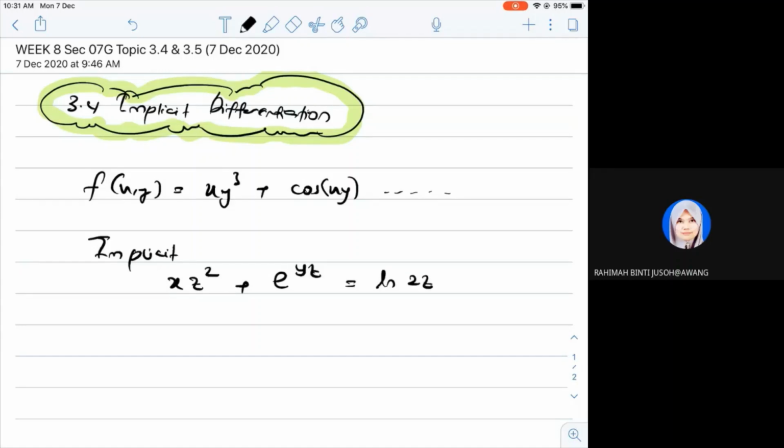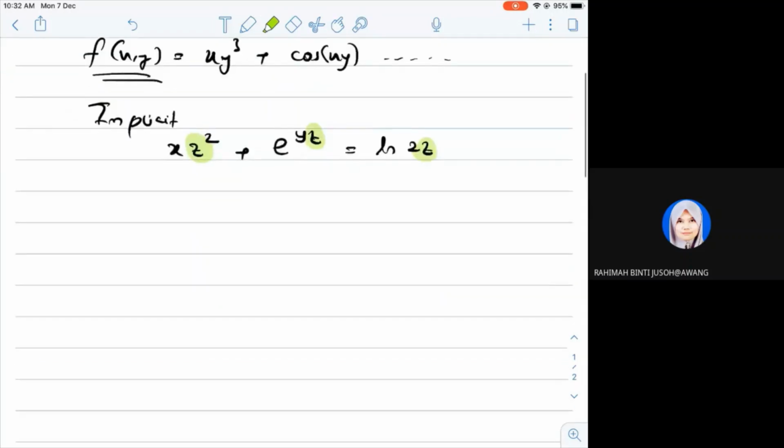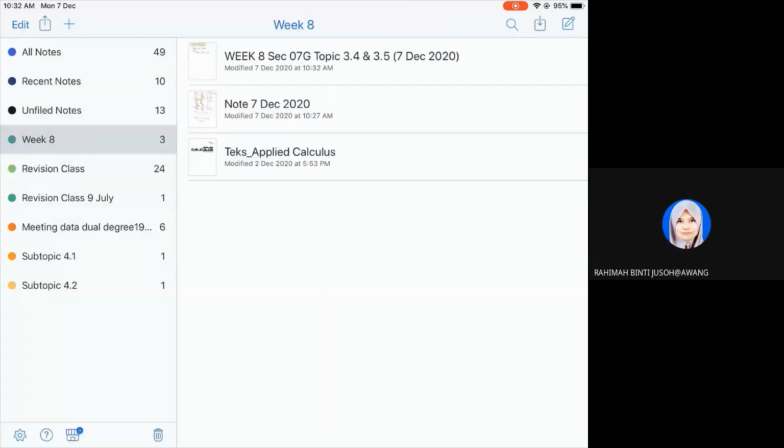But in the implicit case, it is located inside the function. We have z here, we have z also here. So when we have this type of case, we should differentiate this implicitly. Alright, so let's take a look at the exercise.